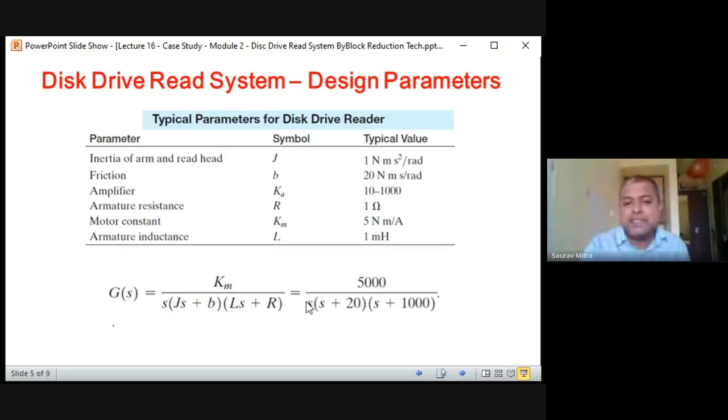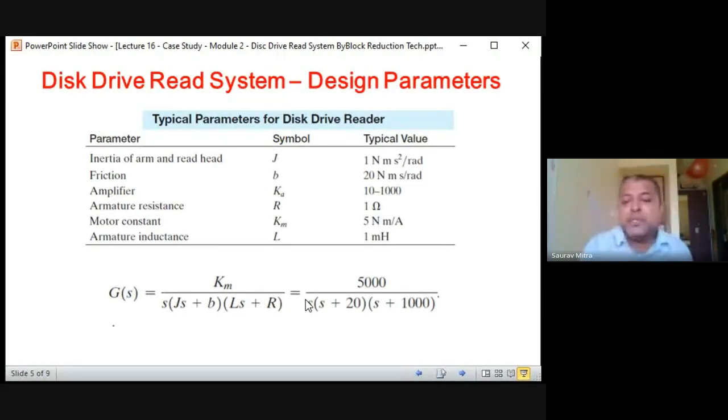If this s was not there, and the denominator was only (s + 20) and (s + 1000), then what is the type? That means there is no separate s, and 1 is given by s raised to 0.